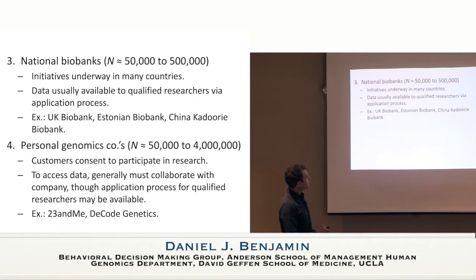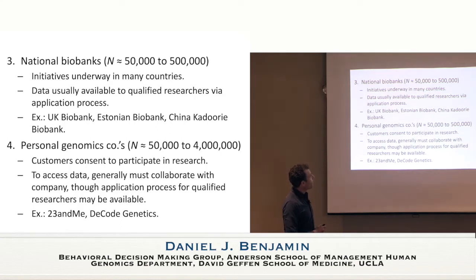And then the fourth kind of data set are personal genomics companies. I should have updated this N. I will in the slides that I fix on Dropbox. The sample sizes now can be much bigger than 500,000, several million people in some cases. So these are companies like 23andMe, Decode Genetics, MyHeritage.